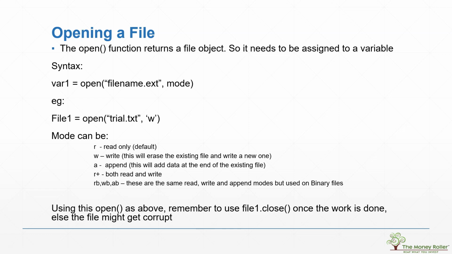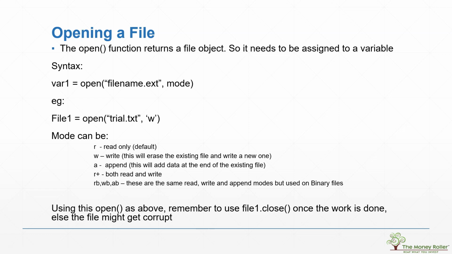So if you want to edit an existing file, you have to use a mode called A, that is append. What append does is it adds more data to the end of the existing file. So if your existing file has some 50 rows, it will append the new data on the 51st row and things like that. R plus is both read and write.